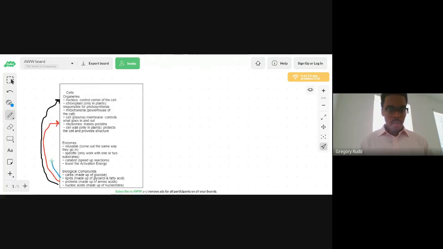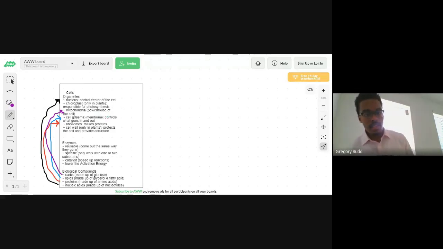Lipids, an arrow up to the plasma membrane. Carbs, an arrow up to the mitochondria. So you can start to connect these things. And then enzymes we know are proteins as well, so maybe I draw another arrow from proteins to enzymes.